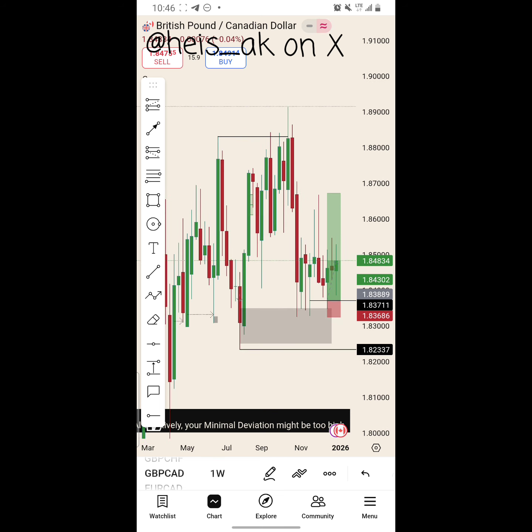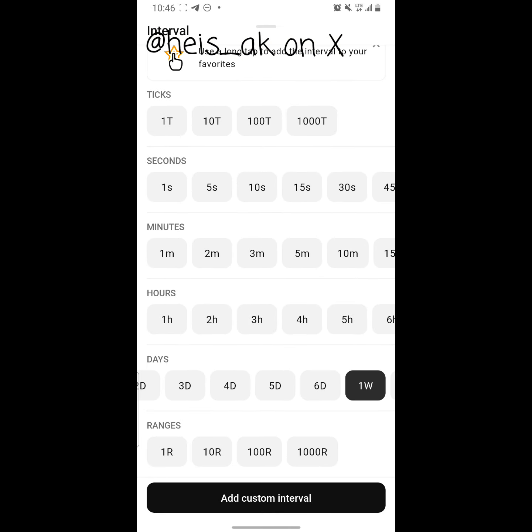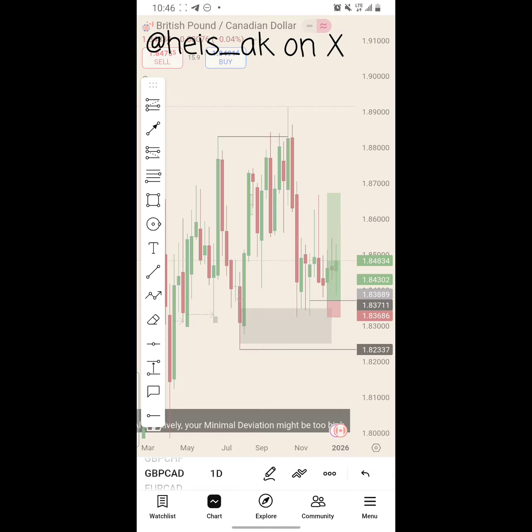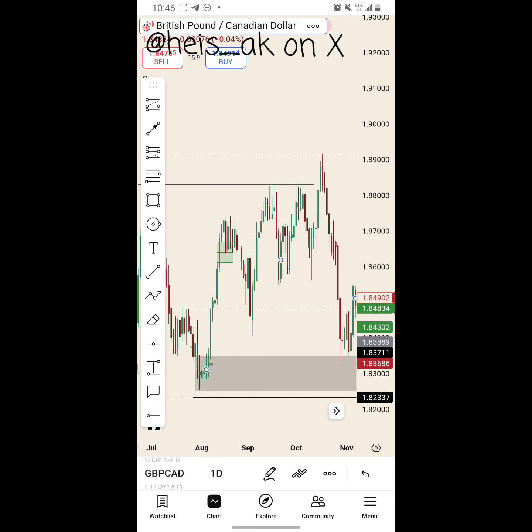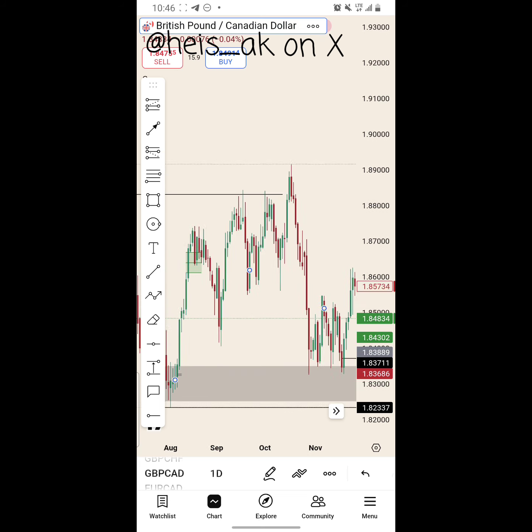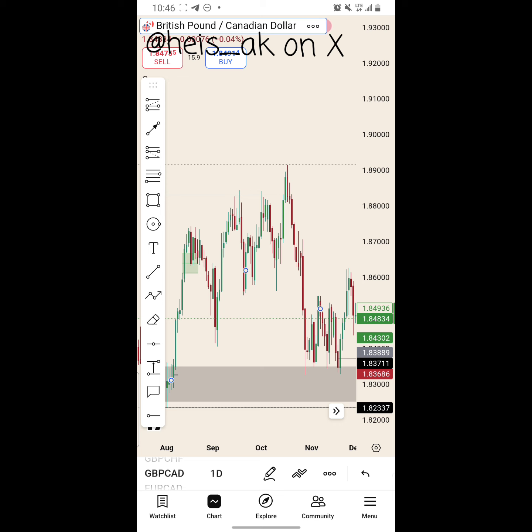Let me show you an example of higher time frame superiority. Even if you go to something like the daily time frame here, you can see that there is a break of structure. Normally, even when you see a break of structure on lower time frame, that does not mean that price has really broken that high.